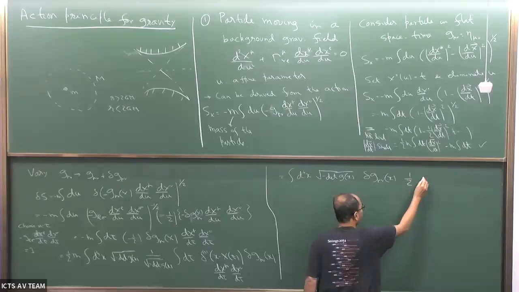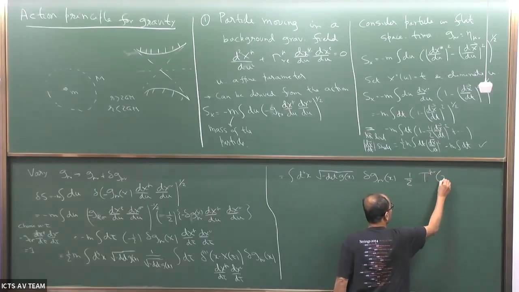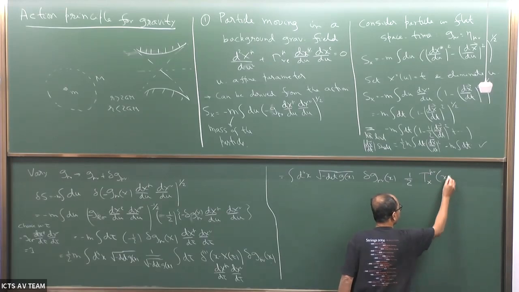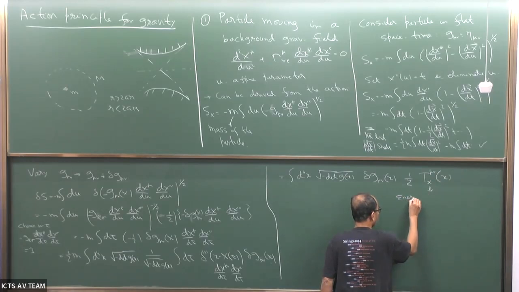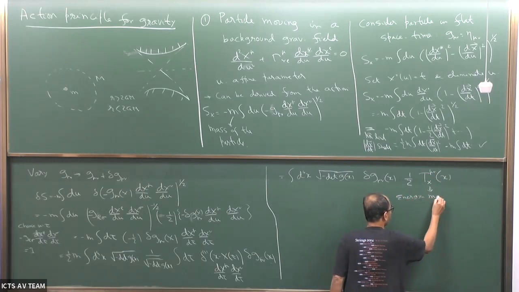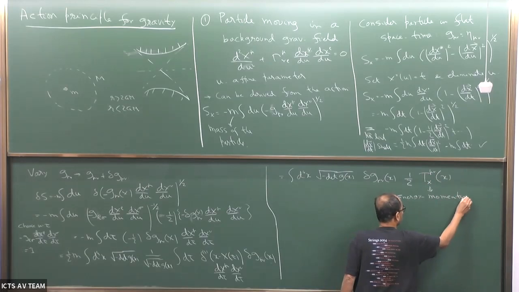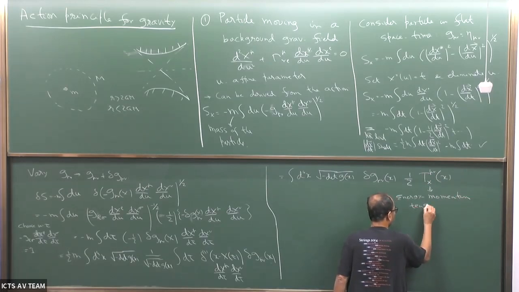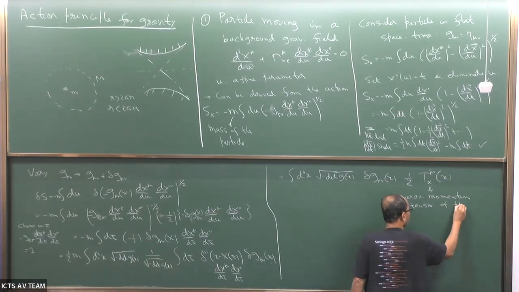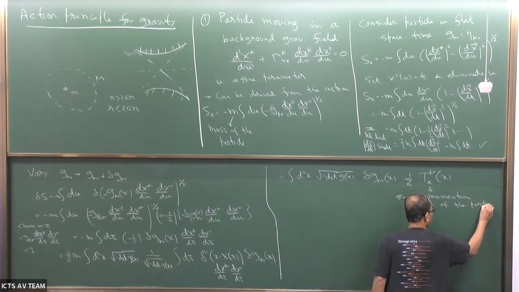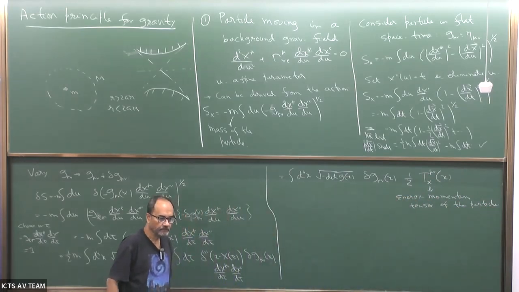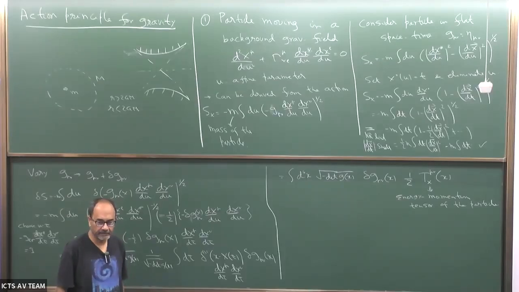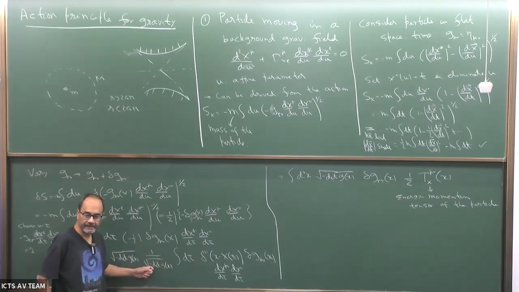Now, this is the T of the particle. This is the energy momentum tensor of the particle. We have written down the expression for the energy momentum tensor of the particle, if you remember. That had a 1 over square root of minus determinant g of x.